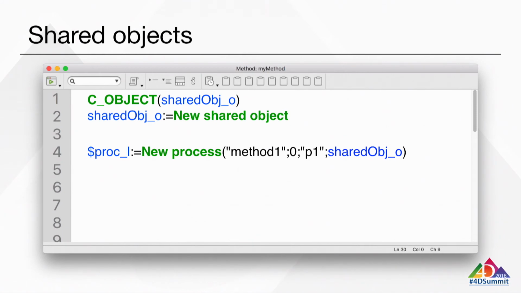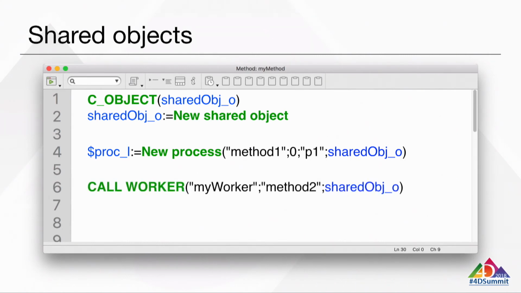Just like what Laurent said earlier, traditionally, if this object is not initialized as a shared object, a copy of it will be sent to the other process. But because this is a shared object, it has a unique property: 4D actually sends the reference of this object to the other process instead of a copy. The same thing goes for a worker, because passing to a worker is another form of process, so it behaves exactly the same.